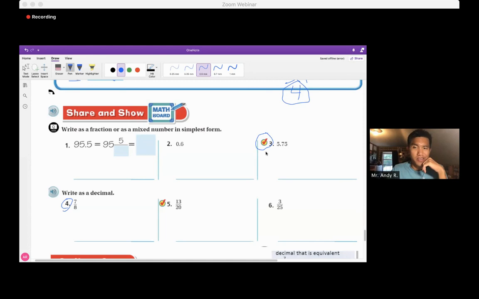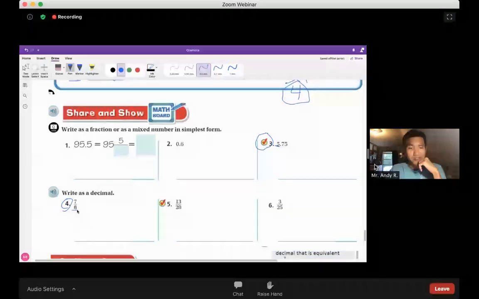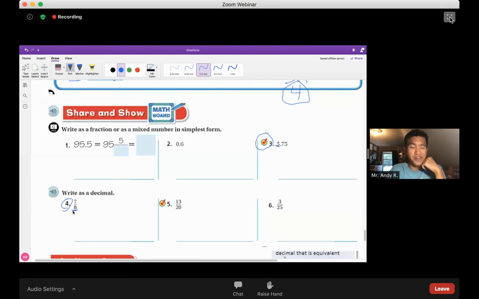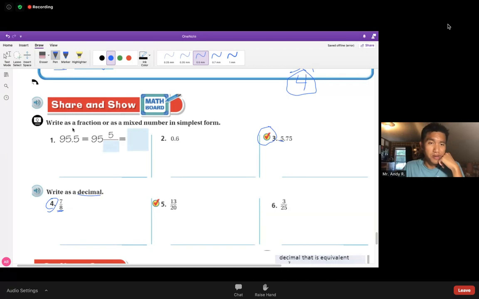Number 3 is a decimal number, so you have to turn this decimal into a fraction. There's a whole number here, 5, so a mixed number with a fraction. Then convert this fraction right here, 7/8, into a decimal. Okay, teams, begin. You have 2 minutes.